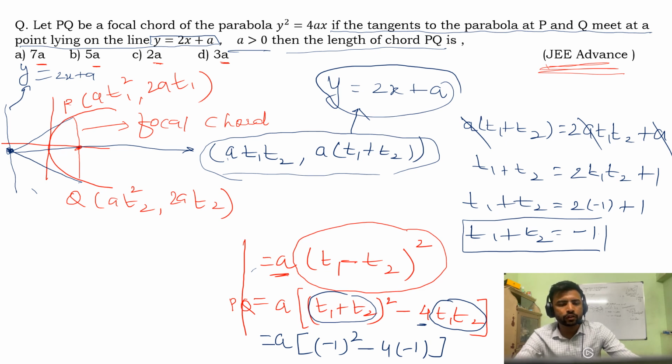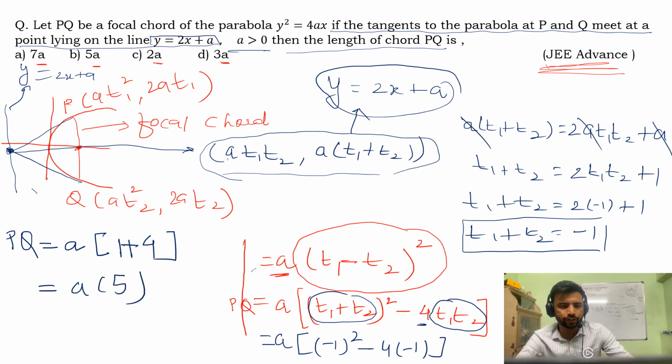Minus 1 square is 1, minus minus plus 4, so it is a as it is into the square root of 5. So PQ, the length of the chord, is a root 5.